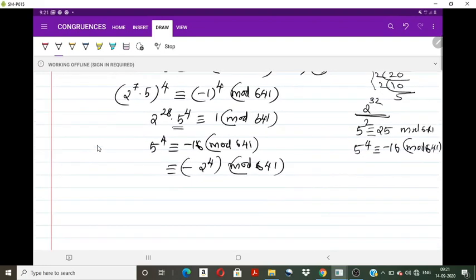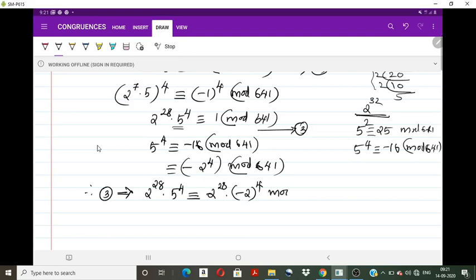Applying that in equation 2, we have 2 raised to 28 into 5 raised to 4 is congruent to 2 raised to 28 into minus 2 raised to 4 modulo 641, which is congruent to 1 modulo 641.